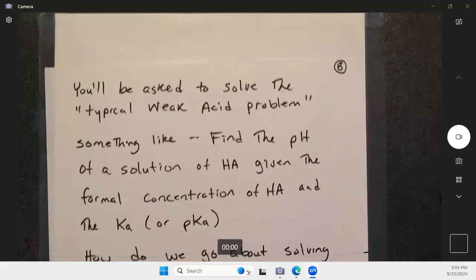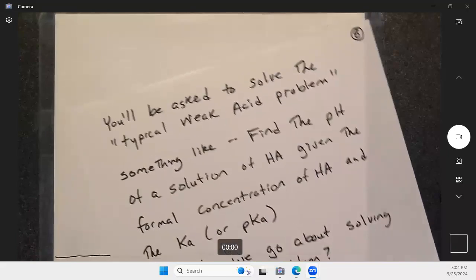So let's go back to a generic weak acid problem.